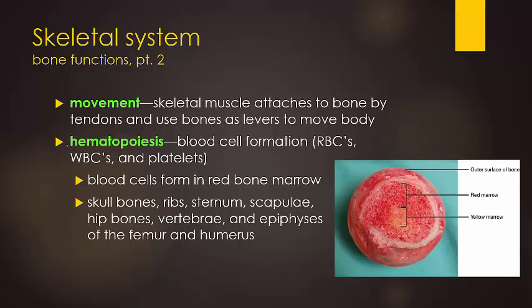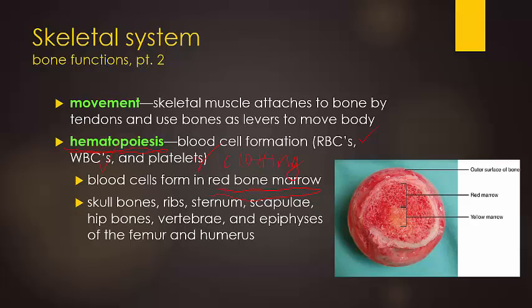Hematopoiesis, remember hemato, that's about the blood. Poiesis, hopefully you're remembering production for poiesis, that's blood cell formation. And so we're talking about red blood cells, white blood cells, and these, they're not really cells, they're actually fragments of cells called platelets that are important in clotting, all produced by connective tissues that are found especially in the red bone marrow that's found inside spongy bone.